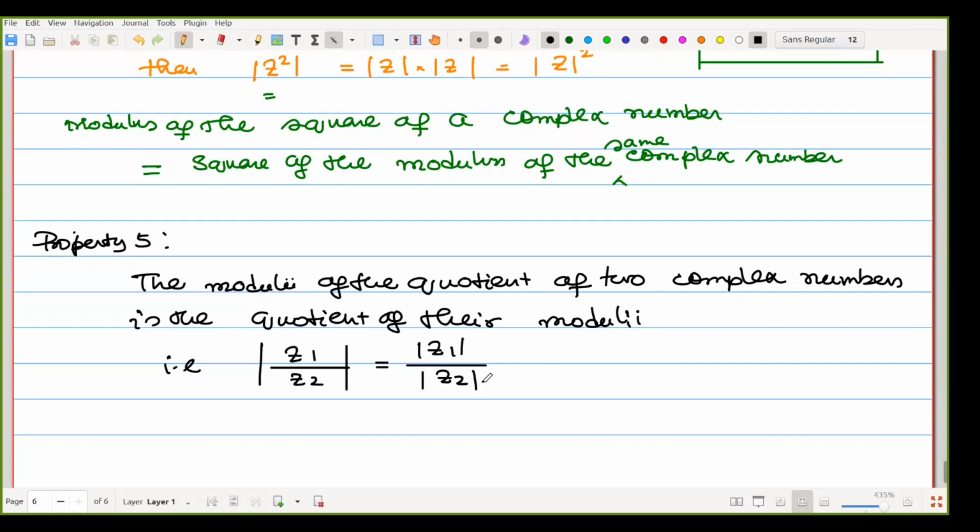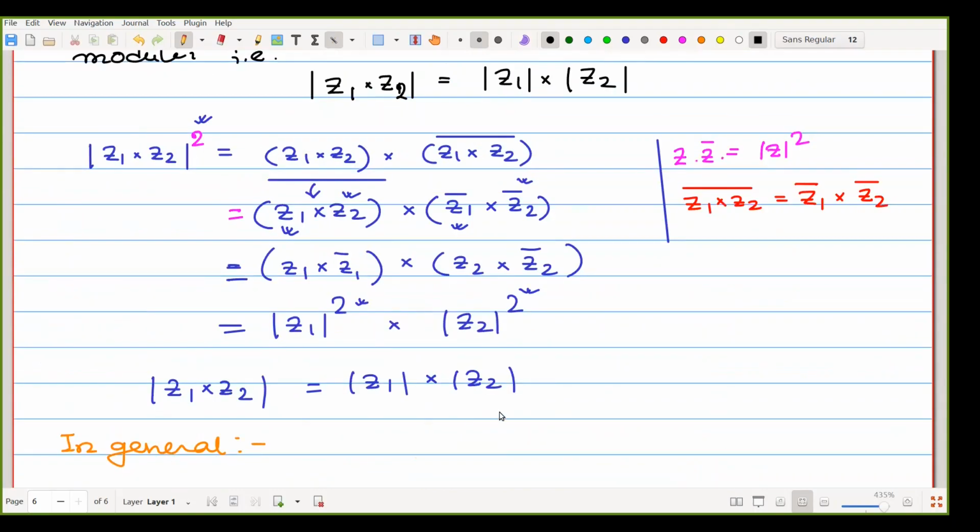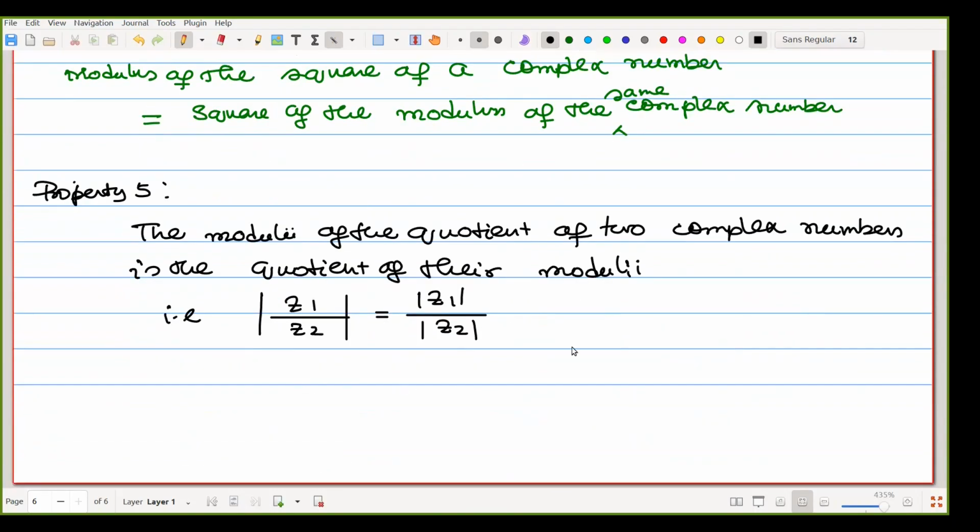Just as we wrote it in the multiplication form, here that one is for the division form.